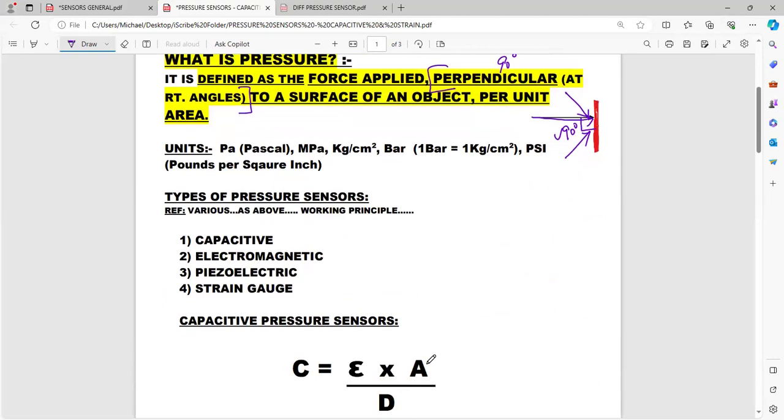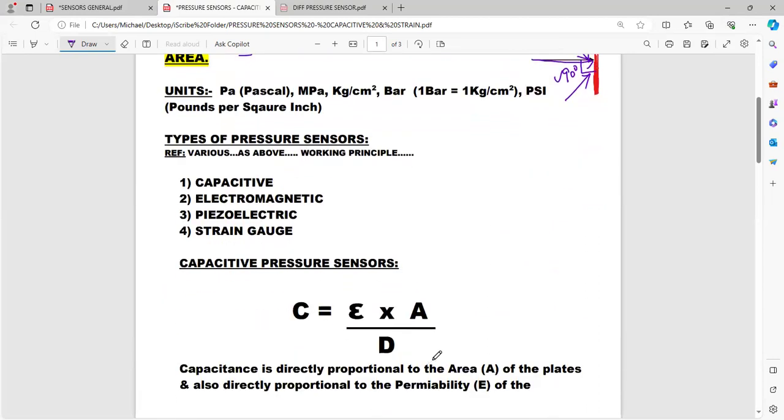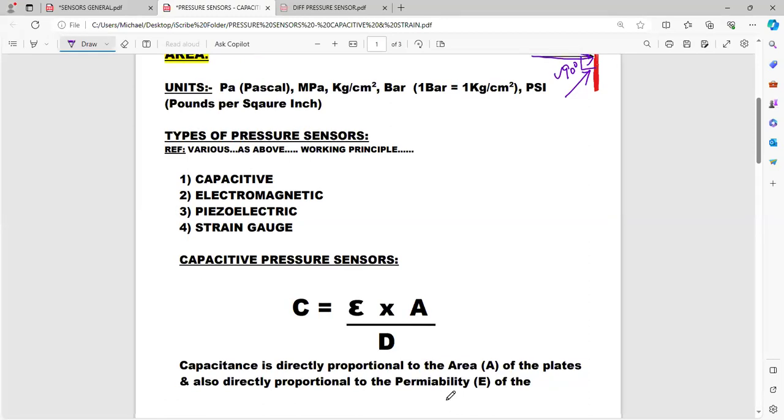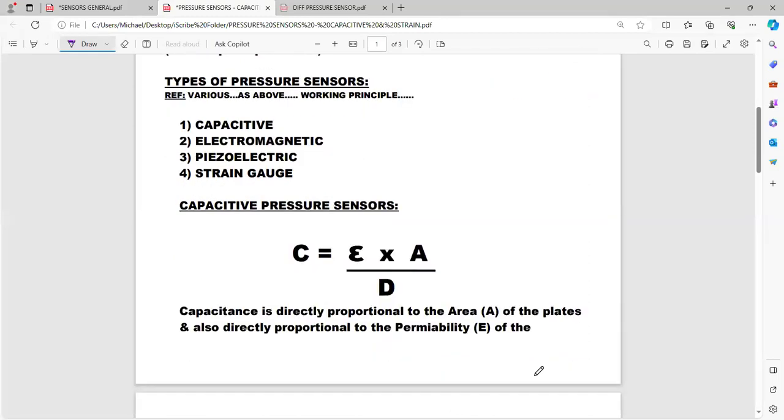Right. Now, in the type of pressure sensors, there are 4 types. You can take a screenshot of this. The capacitive type, the electromagnetic type, piezoelectric type, and the strain gauge.